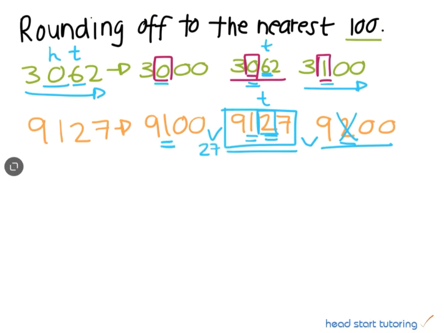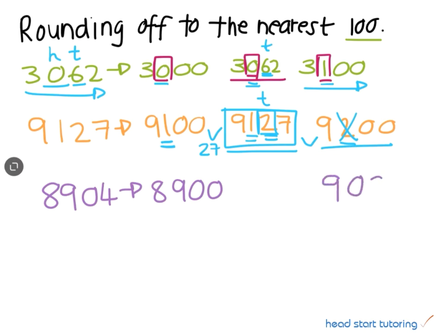Right, let's have a look at the number 8,904. We've got 8,900 and 9,000 on either side of 8904.